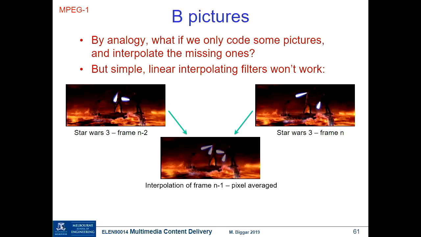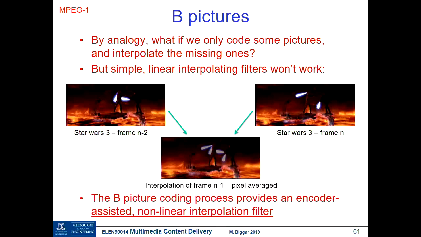So what the B picture, the bidirectional prediction process, is could also be seen as an encoder-assisted non-linear interpolation filter. Because the encoder provides the motion vectors to allow you to interpolate this missing picture properly. Does that make sense?